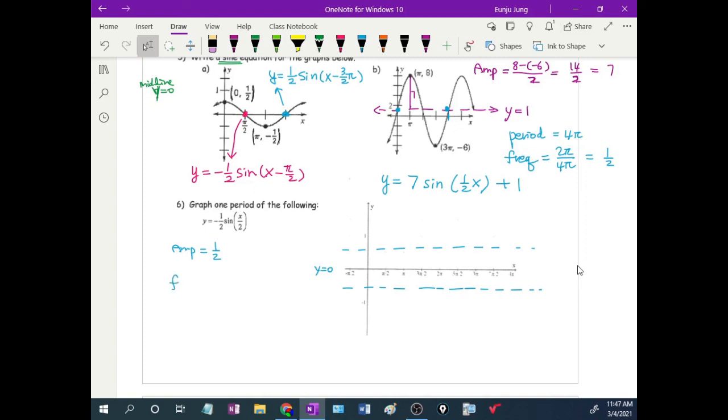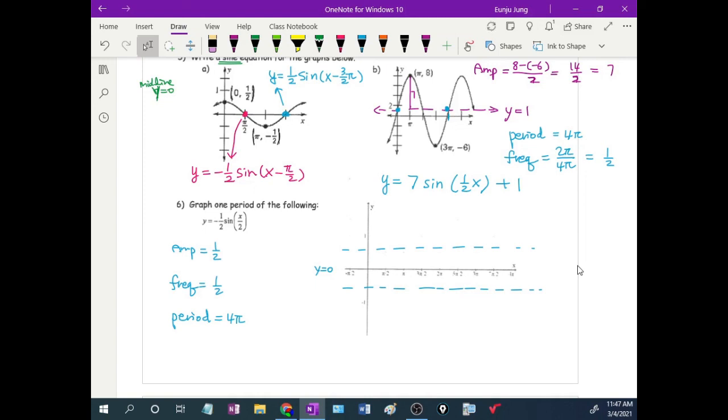What is the frequency? The number in front of the input x, that's the frequency, 1/2. So what is the period? Frequency gets smaller and period gets longer, right? So that will be 4 pi. 2 pi divided by 1/2 is 4 pi. So every 4 pi, you will see the same pattern.